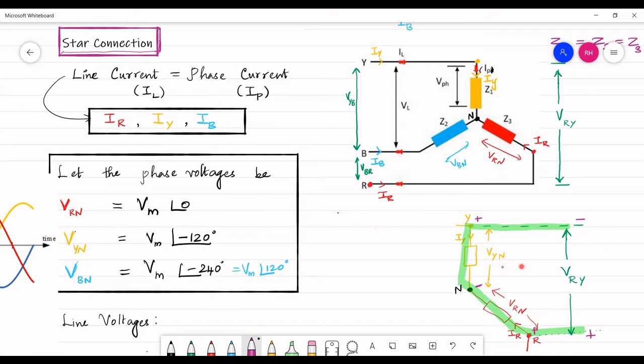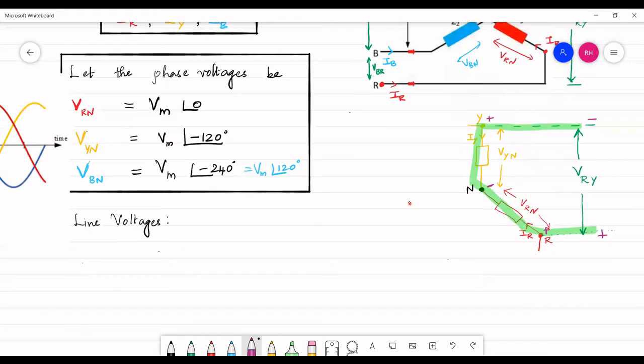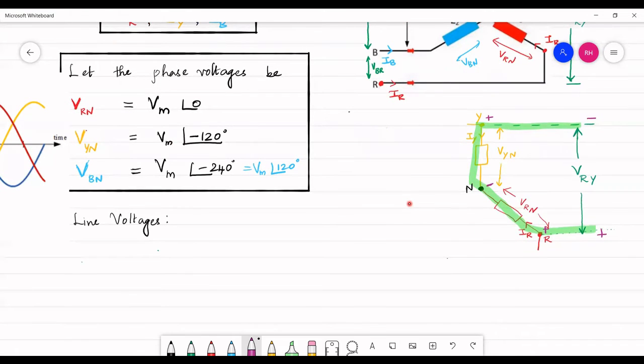Now you have to apply KVL to this loop. So let us apply KVL. While applying KVL to this loop, we write VRY. Let's travel along this direction. So VRY plus VYN is equal to VRN.